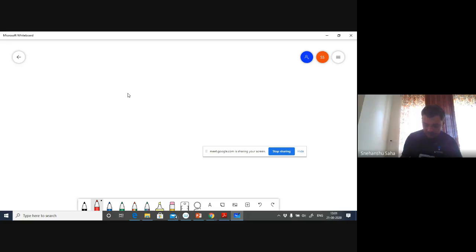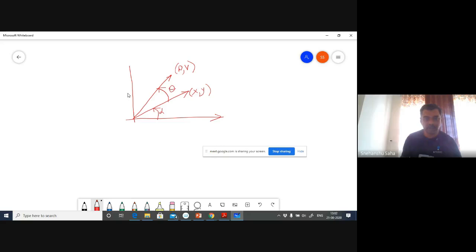However, once again, let me show you something else. Let's say I have this vector x, y, which is at some angle alpha with the horizontal axis. So the final output is actually this.